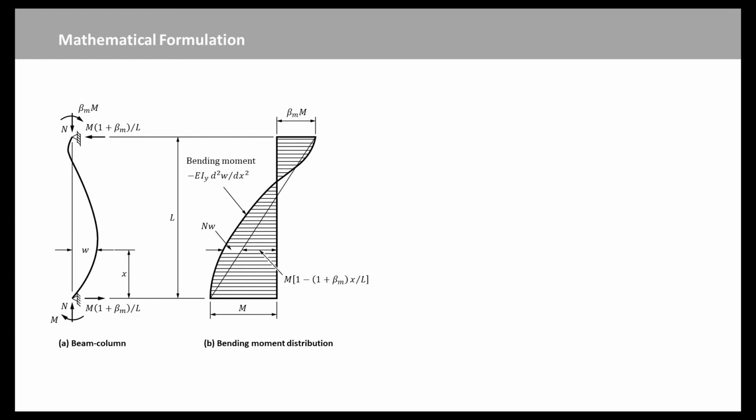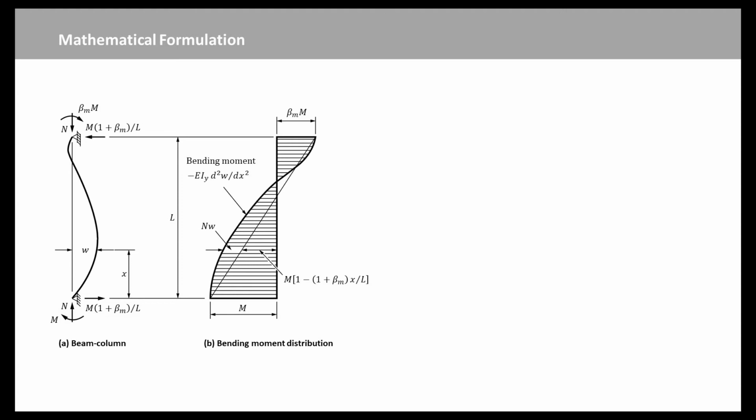For isolated beam columns, these end moments are independent of the deflections and have no effect on the elastic buckling load NCRY. The beam column is prevented from bending about the minor axis out of the plane of the end moments, and is assumed to be straight before loading.